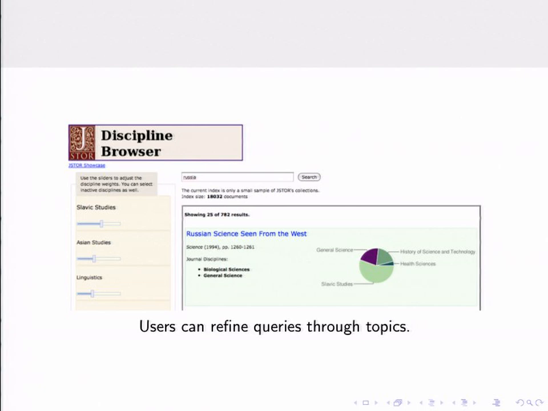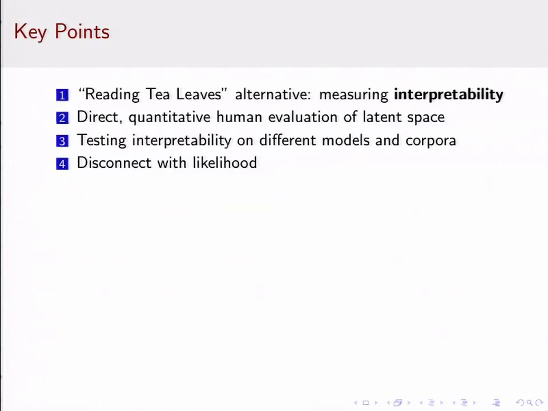But this is a little bit odd, because this is not how we evaluate topic models at all. Really what's happening in these charts that I've showed you is a process that we like to call reading tea leaves. You stare at it long enough and it makes sense. And how we evaluate doesn't measure this. How we evaluate just measures the predictive power.